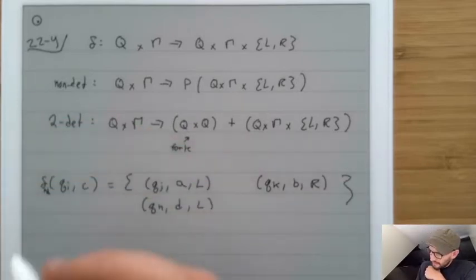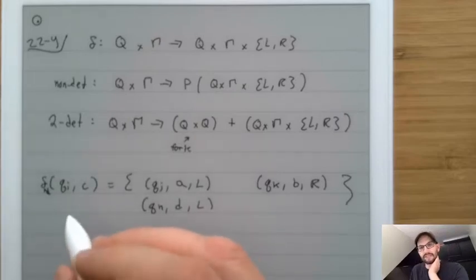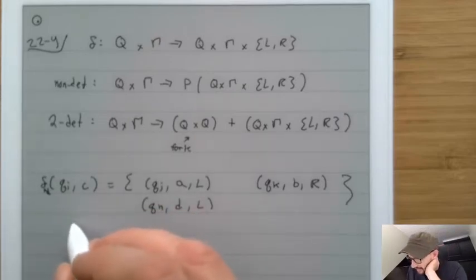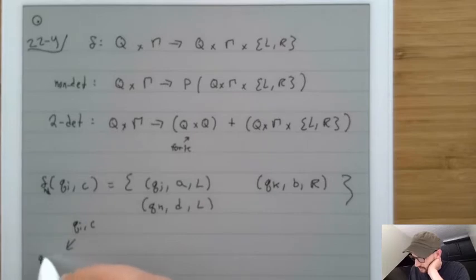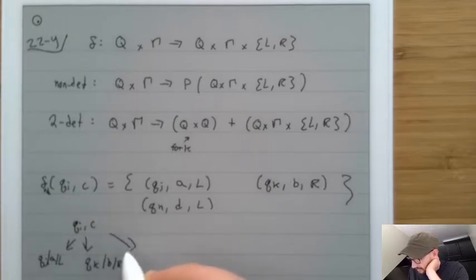Well, the way that we convert this to 2 non-determinism is that you can kind of think of this as this picture, where we have QIC goes to one option, which is QJAL. It goes to another option, QKBR, and it goes to a third option, QHDL.